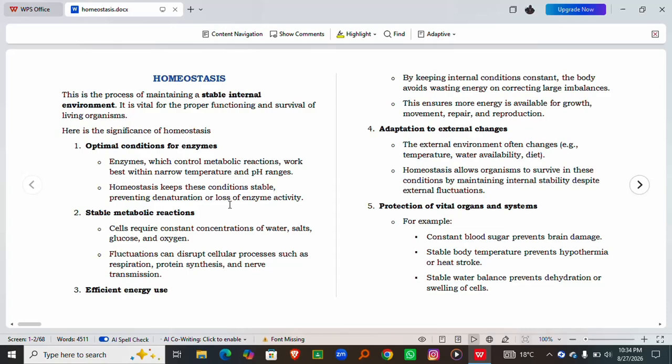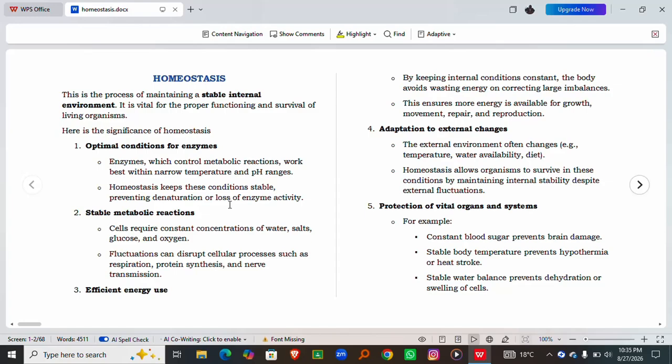Secondly, we have to look at the fact that the body requires constant concentrations of water, salt, glucose, and oxygen. These are very important in cellular respiration, such that fluctuations or deviations too high or too low can disrupt cellular processes such as respiration, protein synthesis, and nerve impulse transmission.